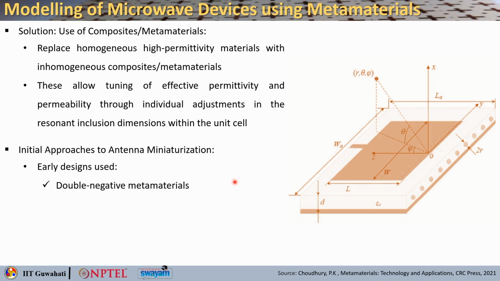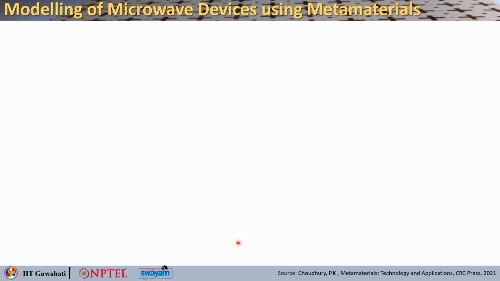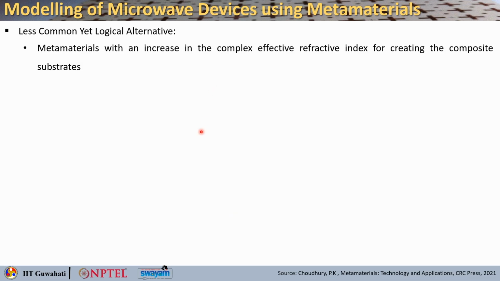So, in the initial approaches to antenna miniaturization, people have tried some early designs using double negative metamaterials, then negative permeability materials. They have also tried low effective refractive index metamaterials and so on. So, metamaterials with an increase in the effective refractive index are much less commonly used for creating the composite substrate.